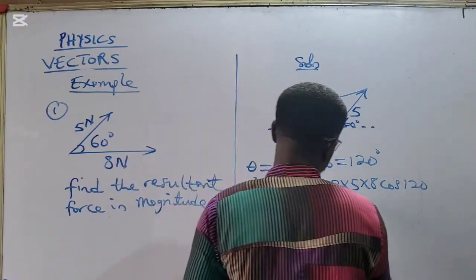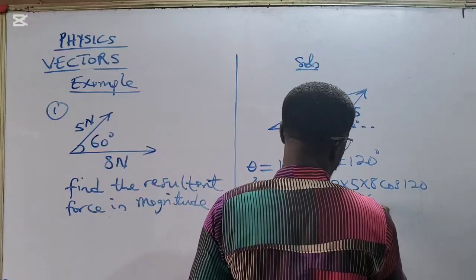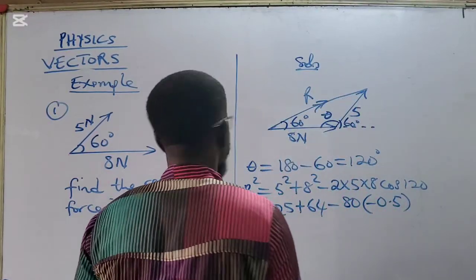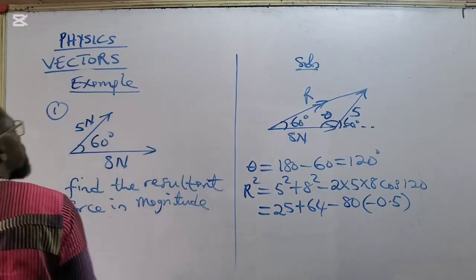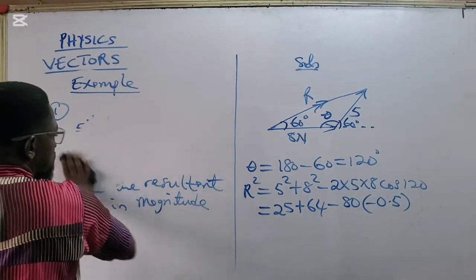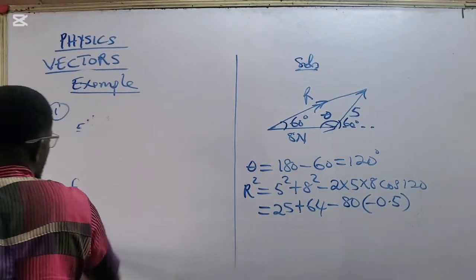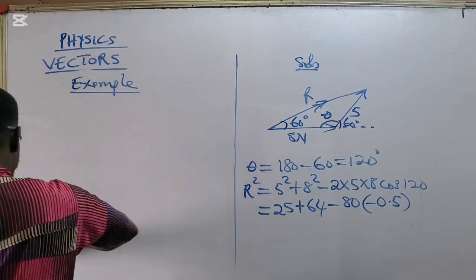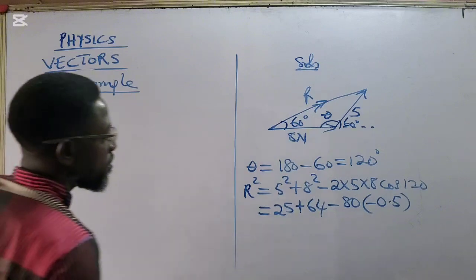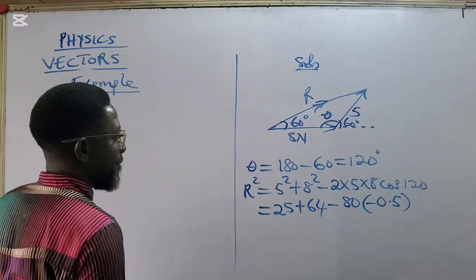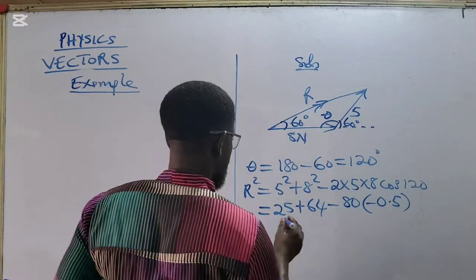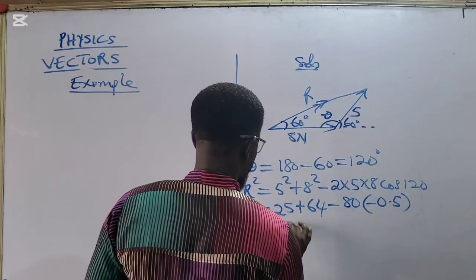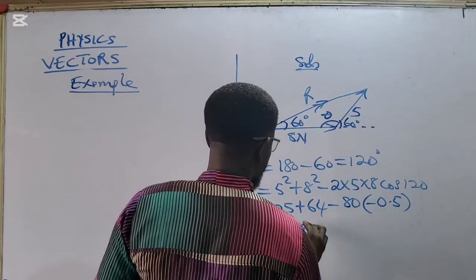This one will give us 89, and cos 120 is minus 0.5, so minus minus is plus.